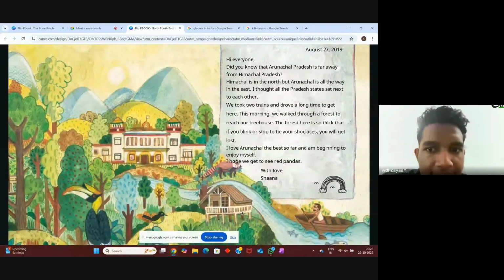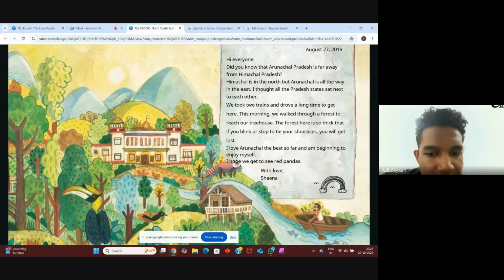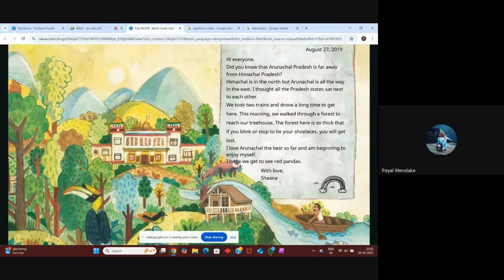The forest here is so thick that if you blink or stop to tie your shoelaces. This is a reading program, right? So you should also read with me. Can anyone read from the forest to the last? You should give expressions.